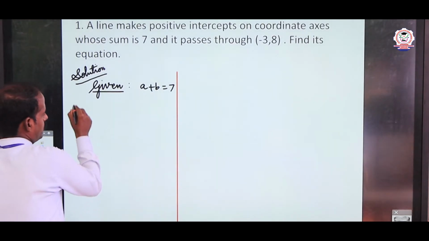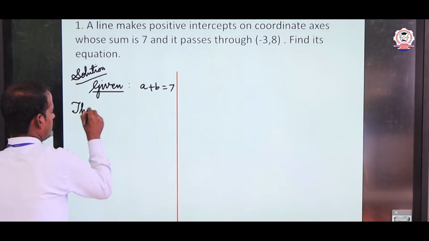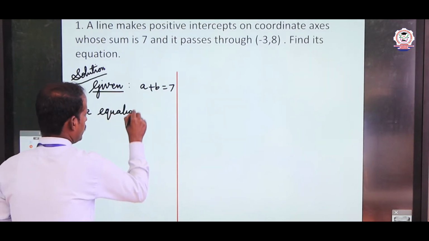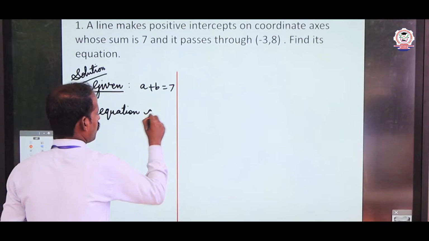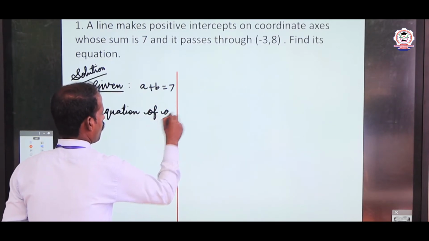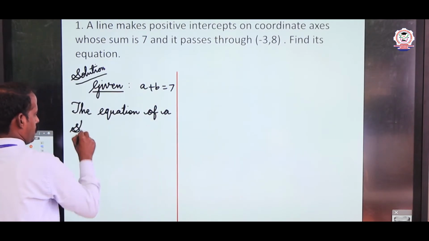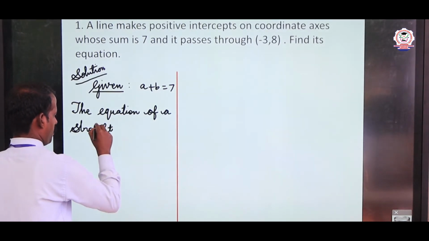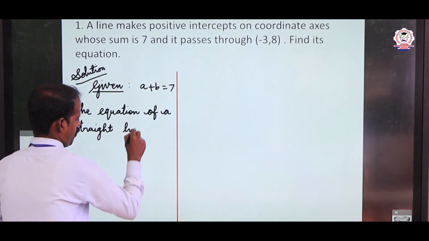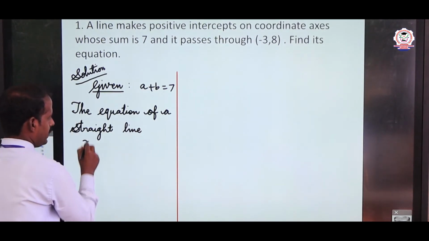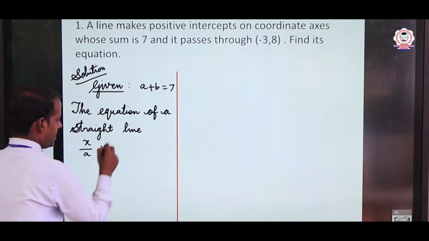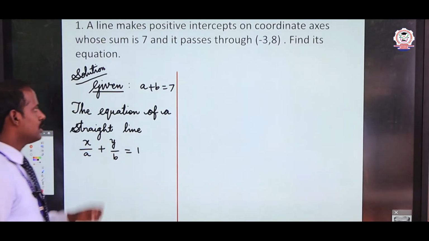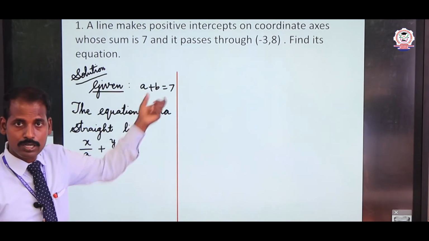So here the equation of a straight line is x by a plus y by b is equal to 1. Here we know that a plus b equal to 7.